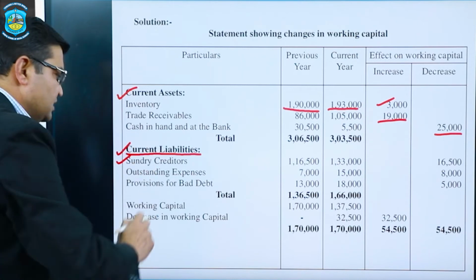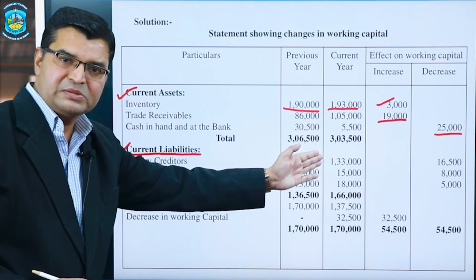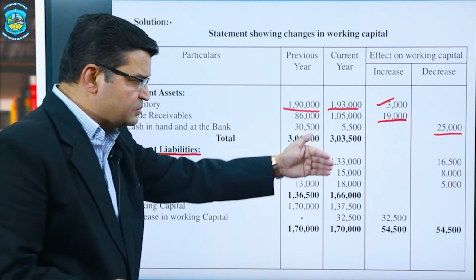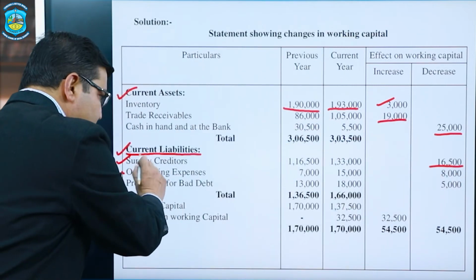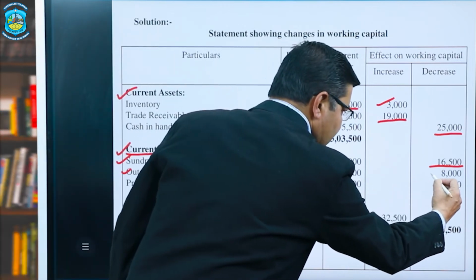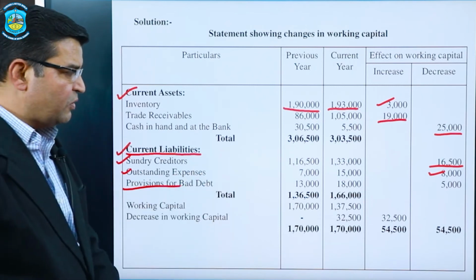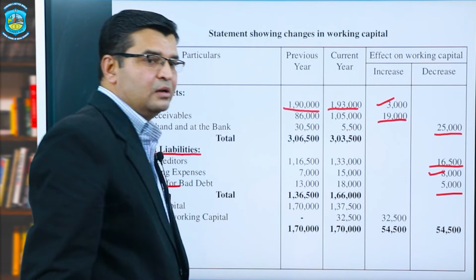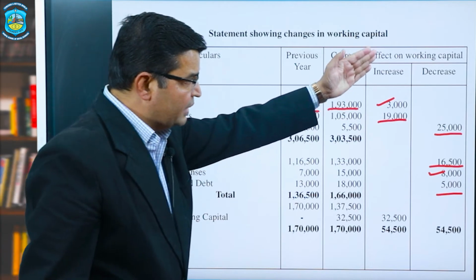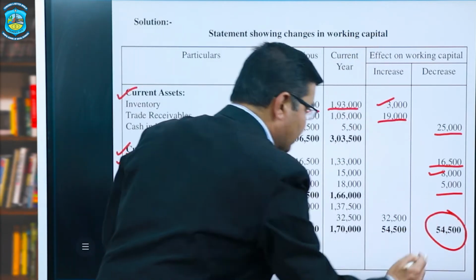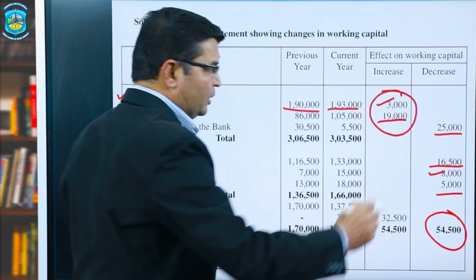Under current liabilities, sundry creditors are rupees 1,16,500 and 1,33,000 respectively. This amount has increased by rupees 16,500 during the year, right? Then outstanding expenses are also increased by rupees 8,000, and provision for bad debts has increased during the year by rupees 5,000. So ultimately, the total of this decrease side is 54,500, and the total of this increase side is only 22,000 rupees.